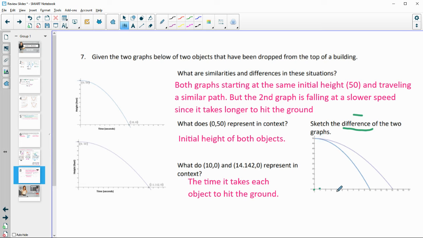And if we go to here, you can see the difference, because the difference is how far apart they are. So the difference is this wide. Then that's going to be how far the difference is, and it just keeps getting wider. The difference keeps getting wider. So that's where you plot your dot.